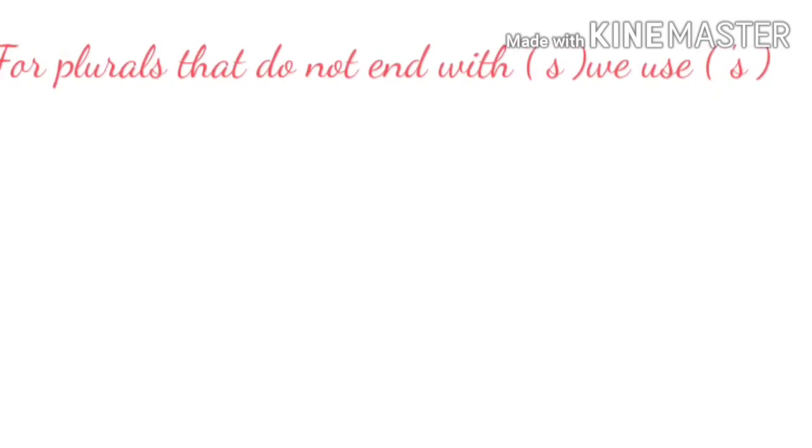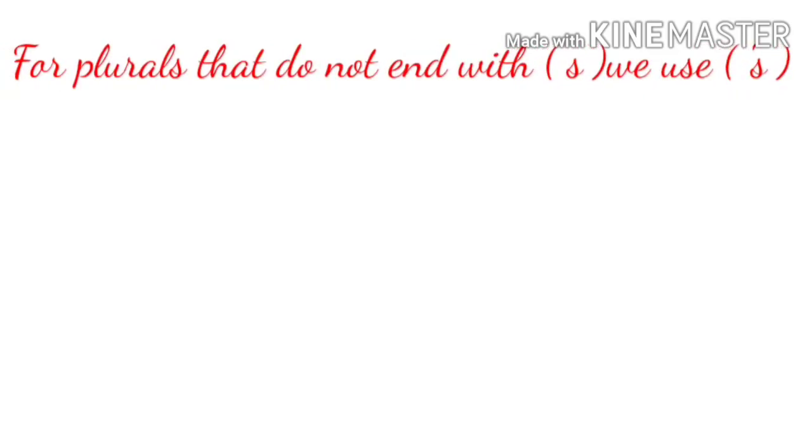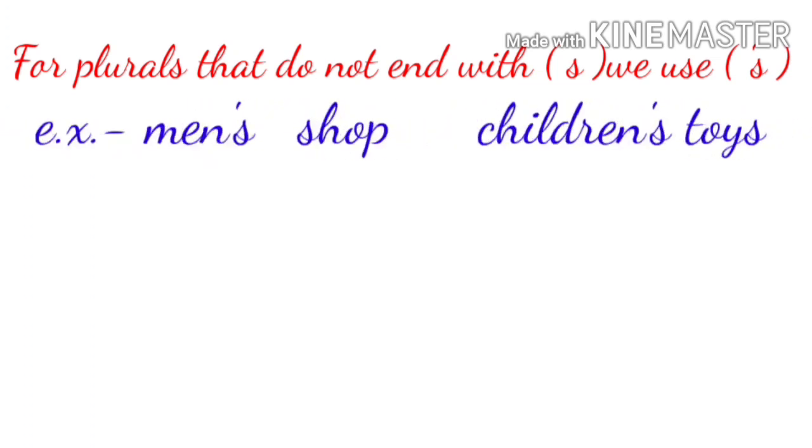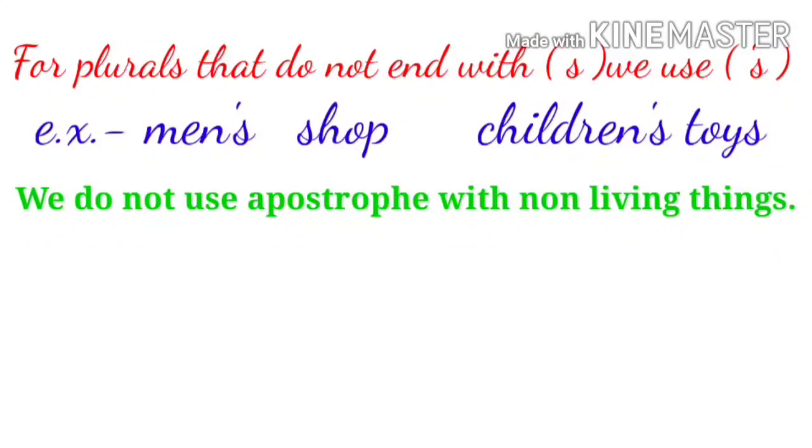For plurals that do not end with s, we use an apostrophe and s. For example, men's shop, children's toy. Men and children are plural words without s, so we put an apostrophe and s with such words.